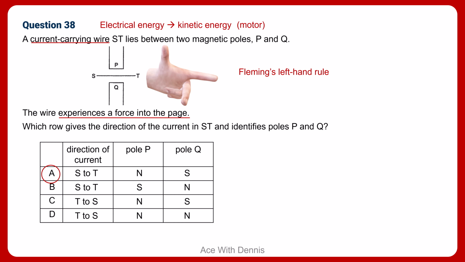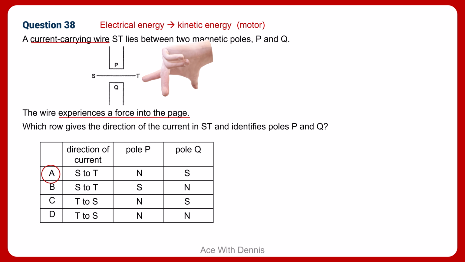This is Fleming's left-hand rule, where the index finger points from North Pole to South Pole. The middle finger points in the direction of the current, and the thumb points in the direction of the force. Then you need to move your left hand into this manner, and it will determine the direction of the current and also pole P and pole Q. As you can see, the thumb is pointing into the paper.